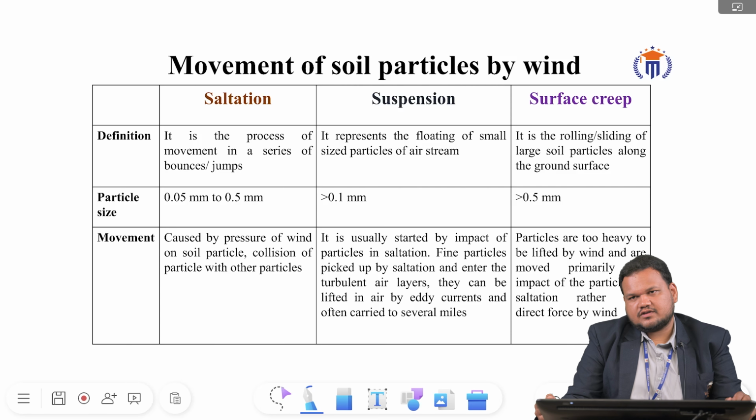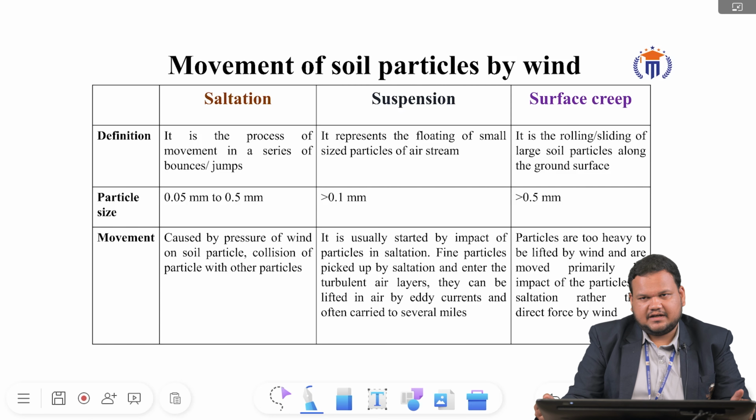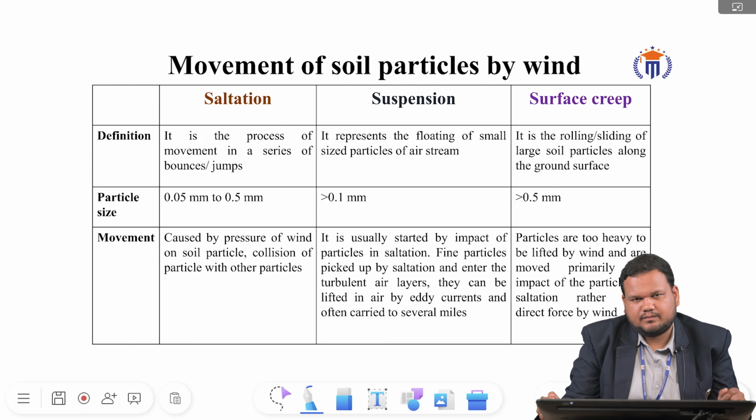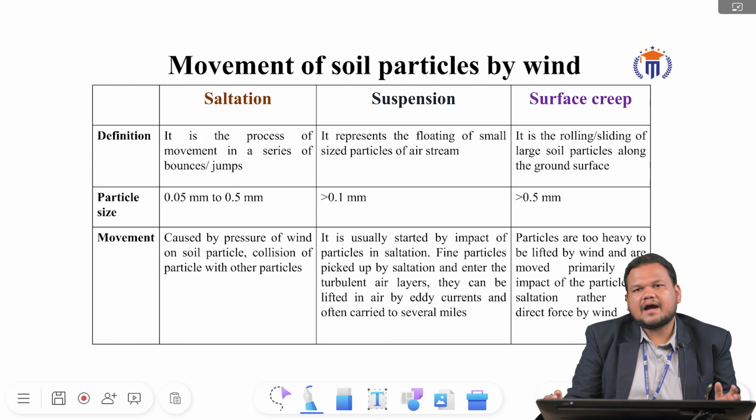In saltation, a series of jumps happens, with a particle size of 0.05 to 0.5 mm, caused by the pressure of wind and also the bombardment of soil particles. In suspension, there is floating of small sized particles.